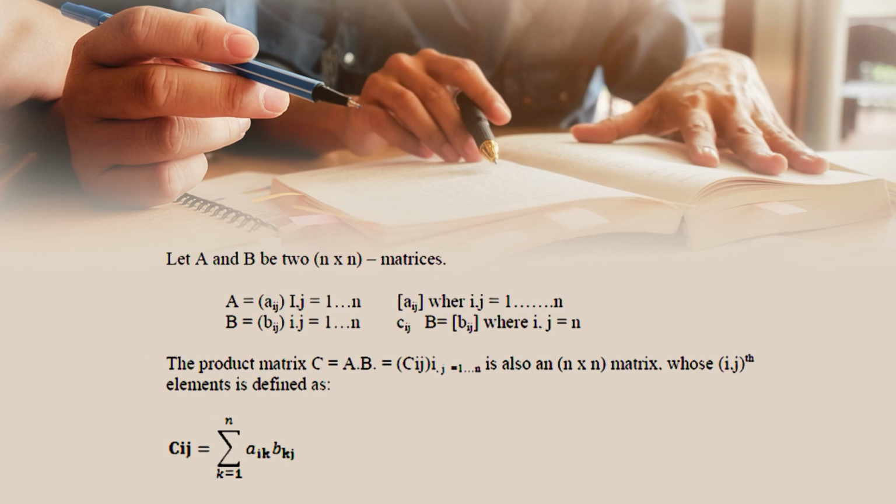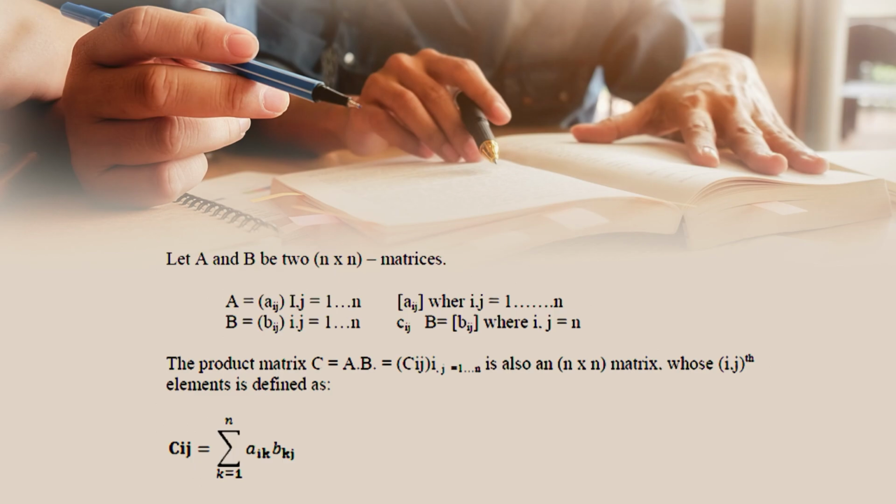Similarly, for the B matrix, again i and j are used, where i represents the row and j represents the column. If there is a 2 by 2 matrix A, then B will also be a 2 by 2 matrix, and the solution C, when you multiply A by B, will also be a 2 by 2 matrix. So it will only work if there is a square matrix. That is the assumption.